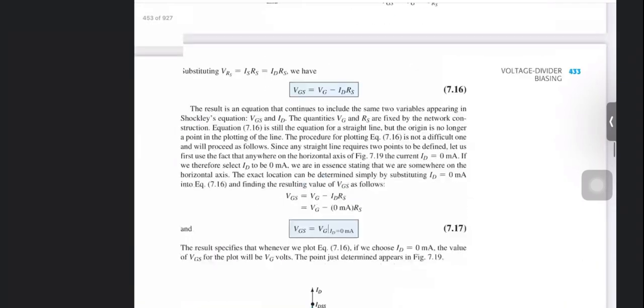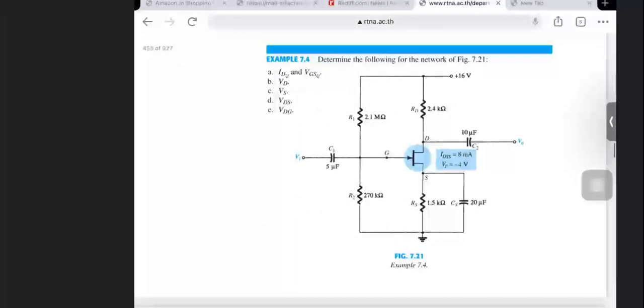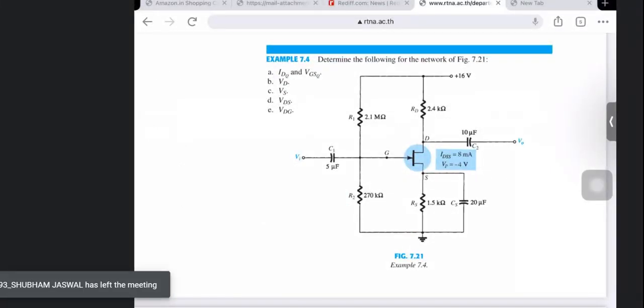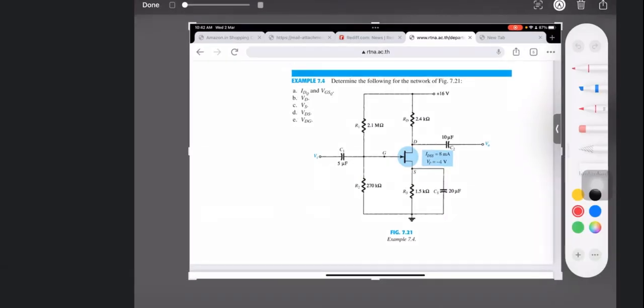Okay, let us try a question. Solve this question. So first part is, this is ID, this is IG equal to 0, this is ID again, and we know ID is equal to IDSS times 1 minus VGS by VP whole square, so you can find it out from here.